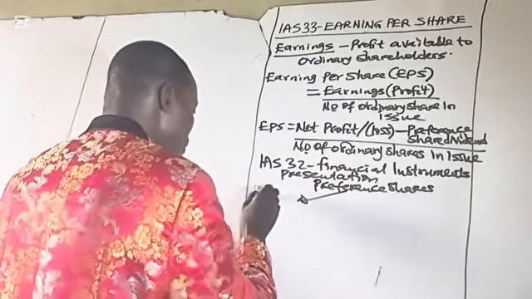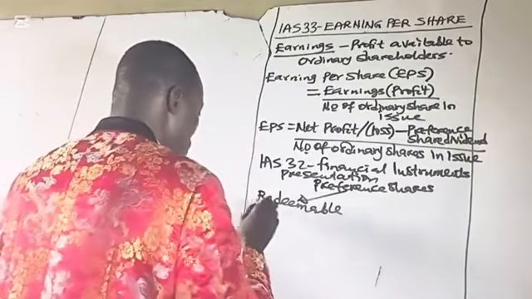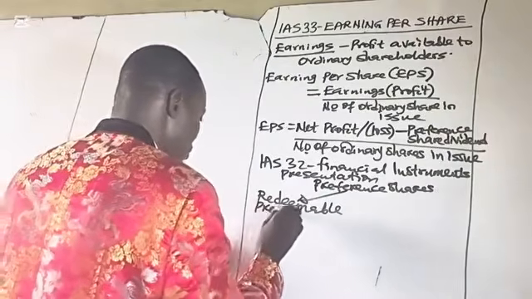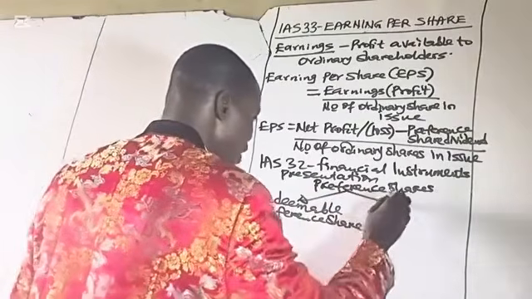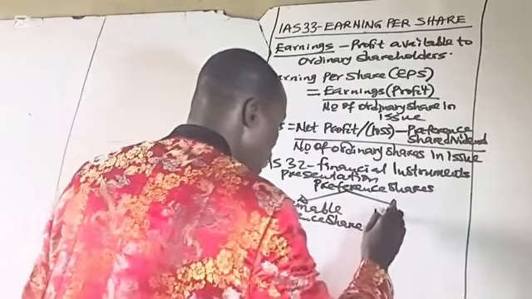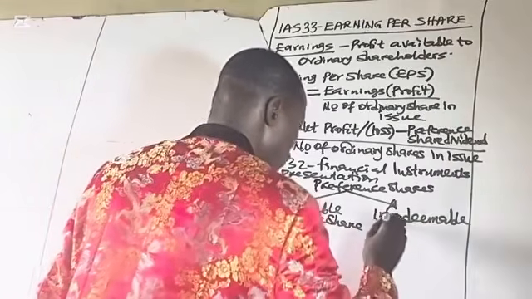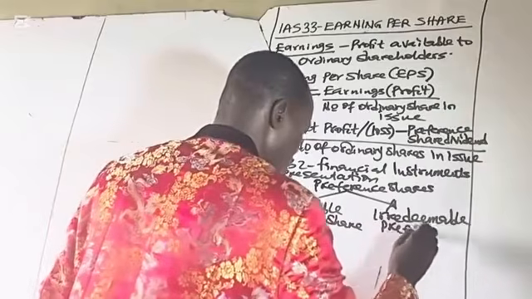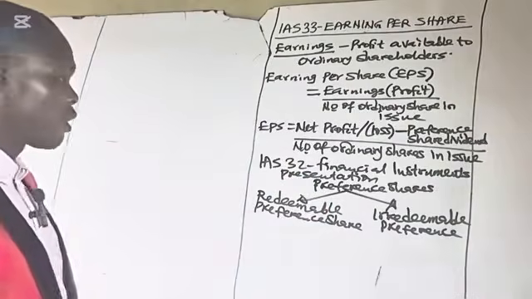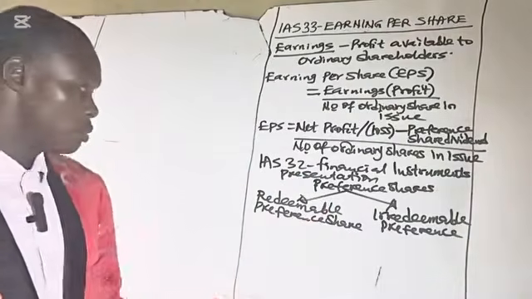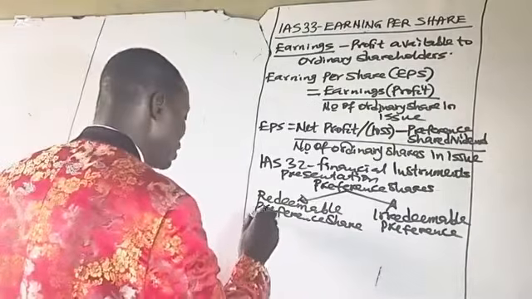We have the redeemable preference shares and the irredeemable preference shares. In accordance with the provisions in IAS 32, redeemable preference shares is a debt instrument.